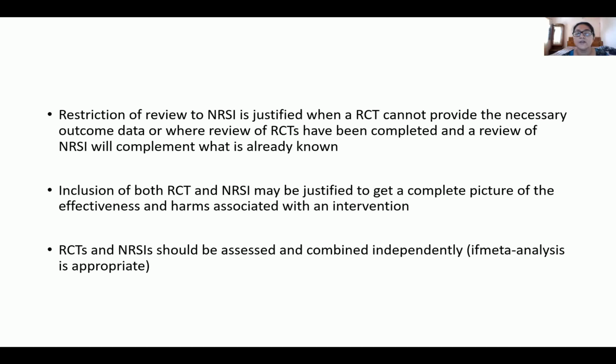And RCTs and non-randomized studies should be assessed and combined independently. So if we are combining both randomized and non-randomized studies in the same review, then when we do the assessment, we should do them independently. RCTs independently and non-randomized studies independently.